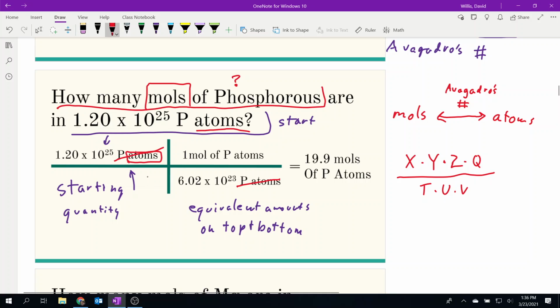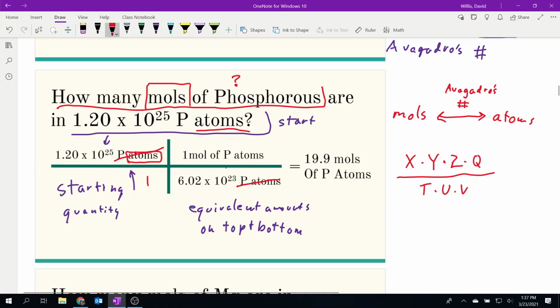In this case, it's 1 times this on the bottom, and it's 1.20 times 10 to the 25th times 1 on the top. Okay? Questions about that? So we multiply the top, we multiply the bottom, then we do the division. You have to be really careful with your order of operations so that your calculator doesn't mess things up for you. All right?